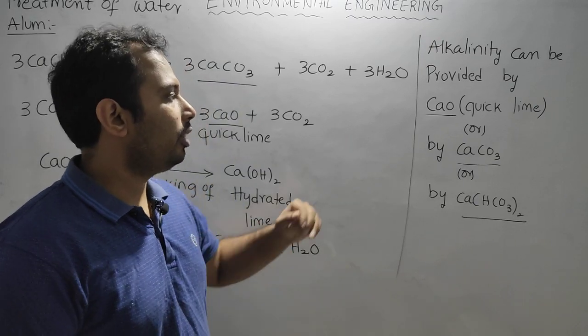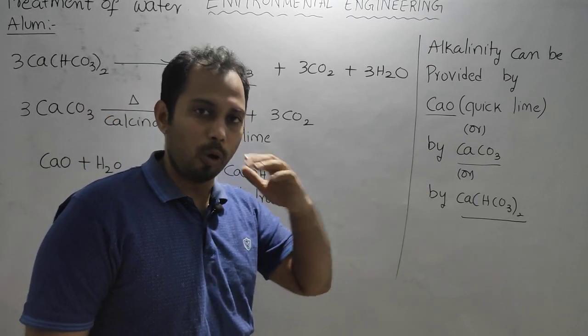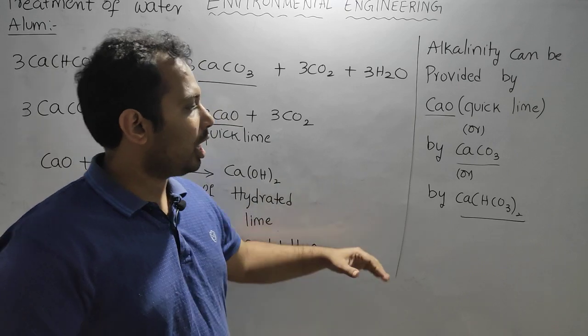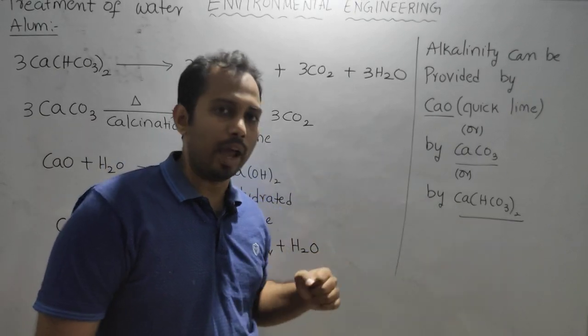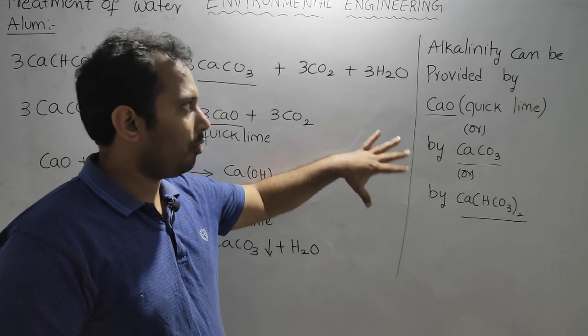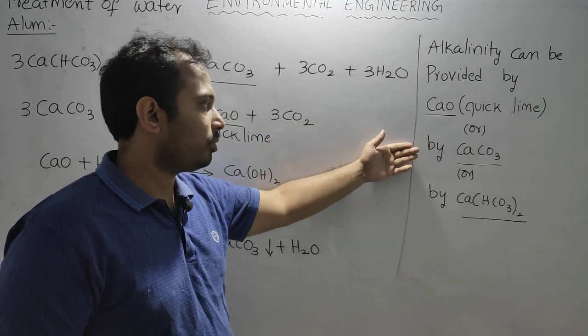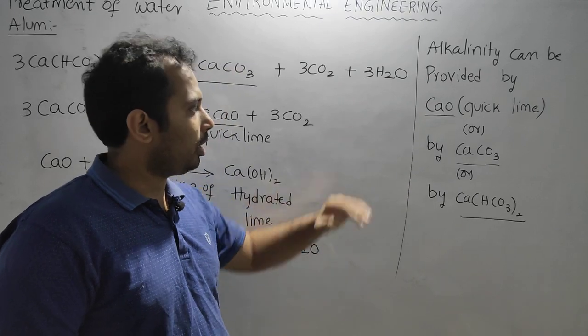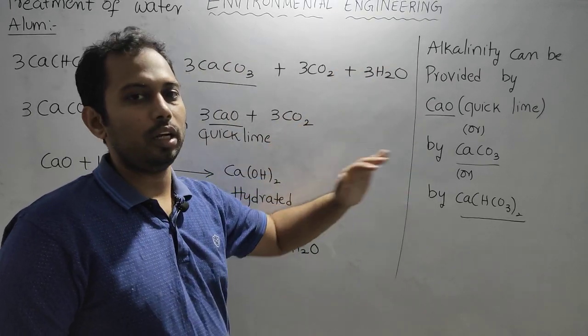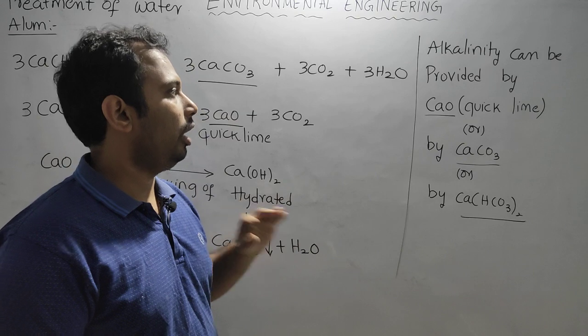If in the form of calcium carbonate, how much is needed? Or in the form of calcium bicarbonate? So these kinds of questions. All the relations are needed for us.